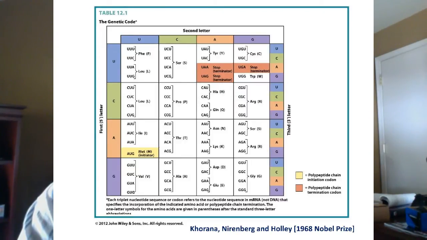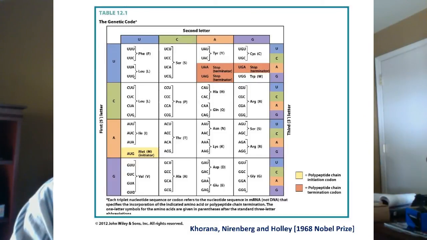Notice that if you do your math very quickly, how many total possible triplet codes are there? Well, there are 4 nucleotides, 3 positions in the triplet, so it becomes 4 times 4 times 4, or 64 total possible combinations. How many amino acids are there? Think for a minute. 20.